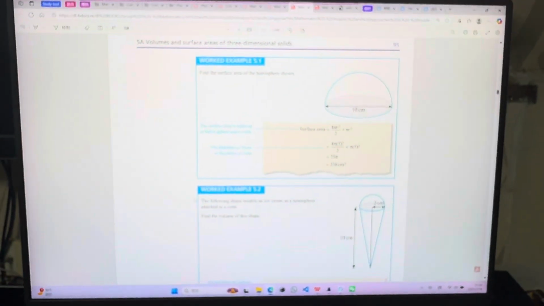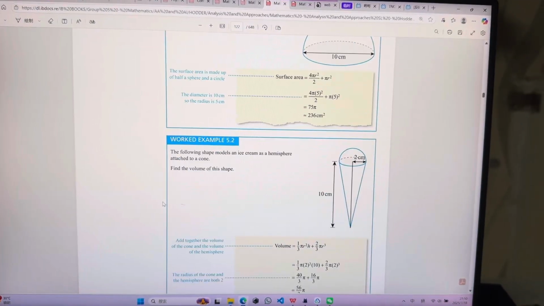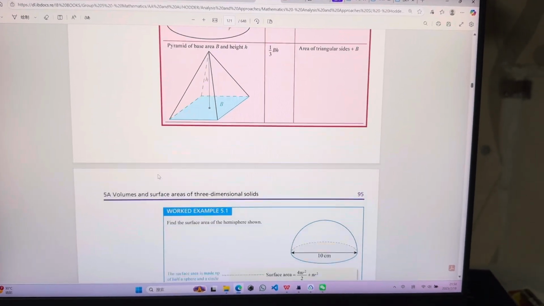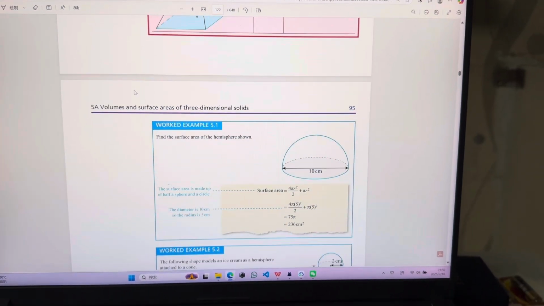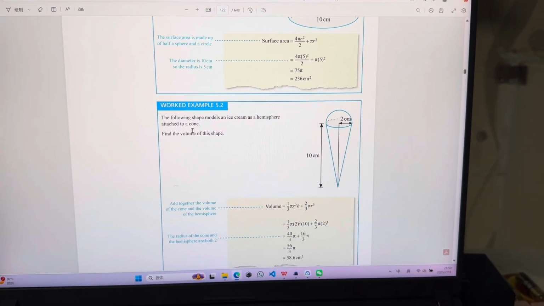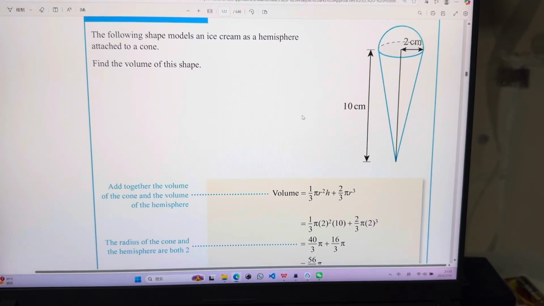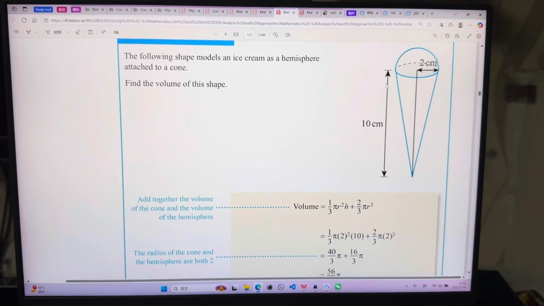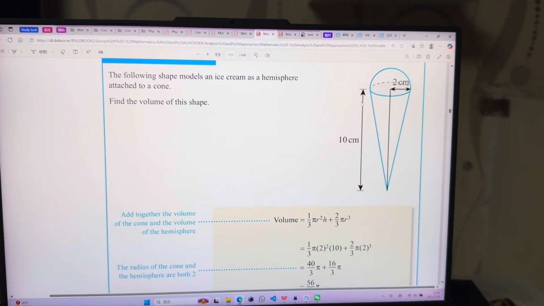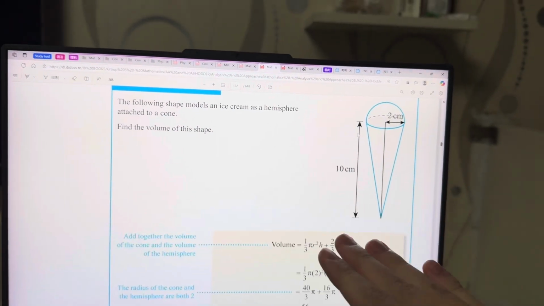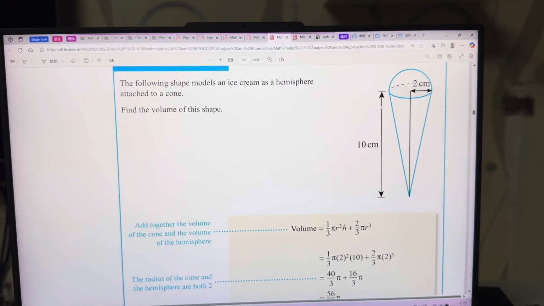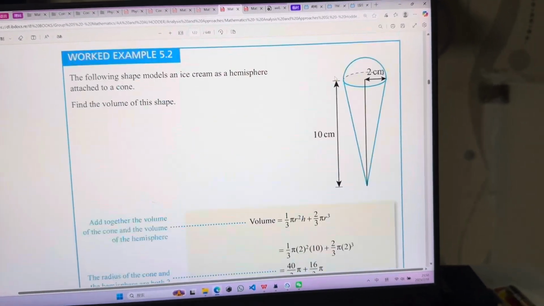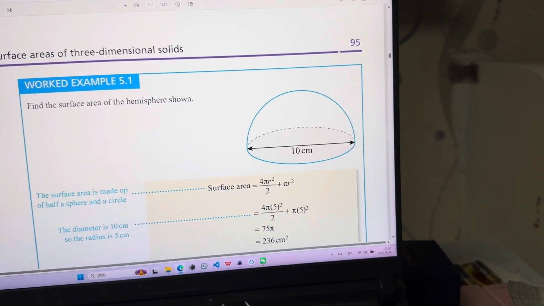Okay, so here are some example questions. Don't worry about them. Actually, you just put all the information into the formula, then you can get the answer. Sometimes you have to think a little bit. For example, for calculating volume, the easy way is to cut a complex shape into many basic shapes, like a half sphere, a hemisphere.